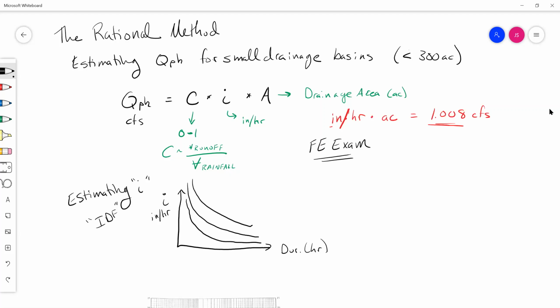So maybe this is the 50% AEP, and maybe this is the 10% AEP. We'll have different durations down here. So this could be a 1 hour storm, a 2 hour storm, a 6 hour storm, something like that.